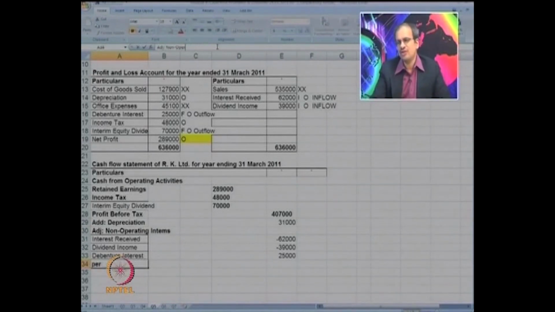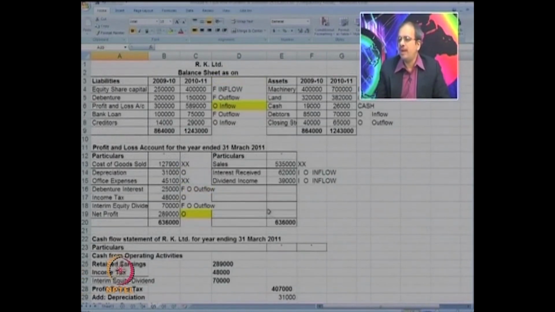I think most of you would have guessed it correctly. This is the adjustment for current assets and current liabilities. So current assets and current liabilities actually represent operating items, but they do cause indirect effect on the cash in the hand. So we will adjust for them.